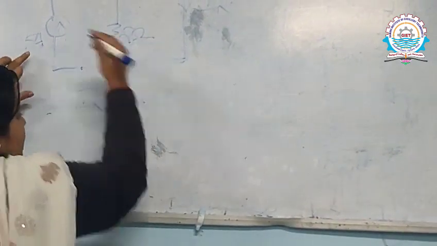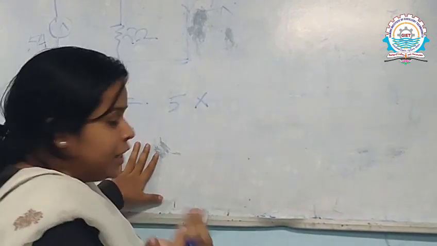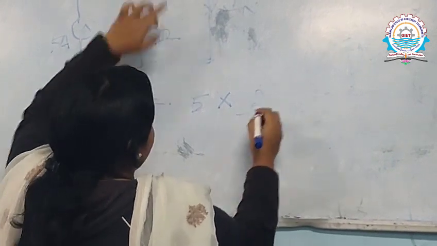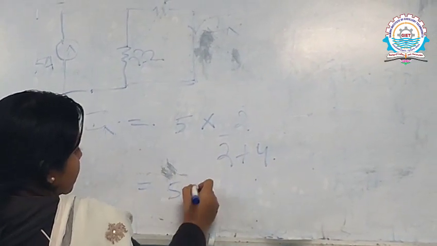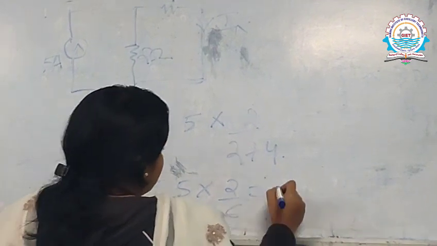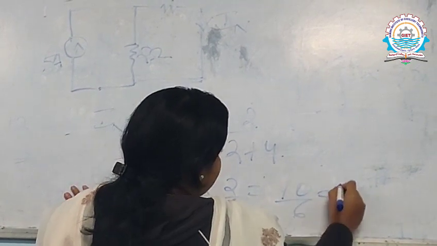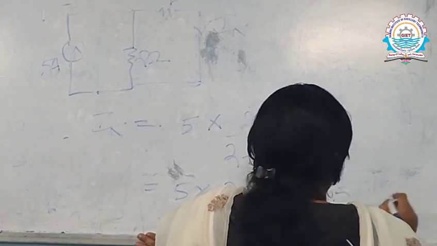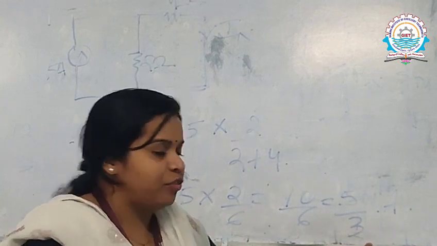IN will be the main current I, that is 5, into, by the current division rule, the opposite resistance, that means 2 divided by 2 plus 4. So that will be 5 into 2 by 6, that is equal to 10 by 6, or 5 by 3 ampere. So my IN current, that means my Norton's current, comes out to be 5 by 3 ampere.